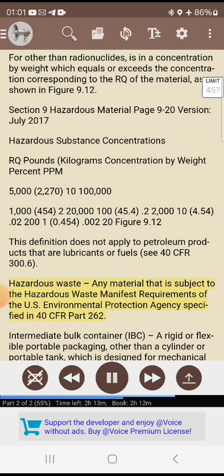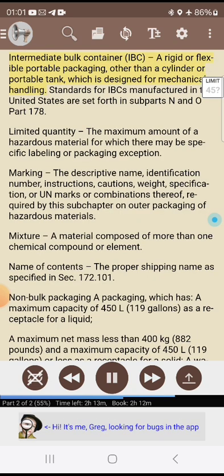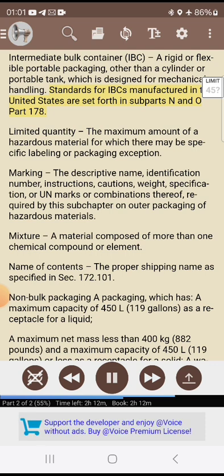Hazardous waste. Any material that is subject to the hazardous waste manifest requirements of the U.S. Environmental Protection Agency specified in 40 CFR Part 262. Intermediate bulk container (IBC), a rigid or flexible portable packaging, other than a cylinder or portable tank, which is designed for mechanical handling. Standards for IBCs manufactured in the United States are set forth in Subparts N and O of Part 178.